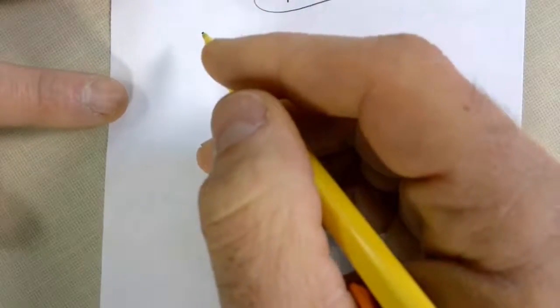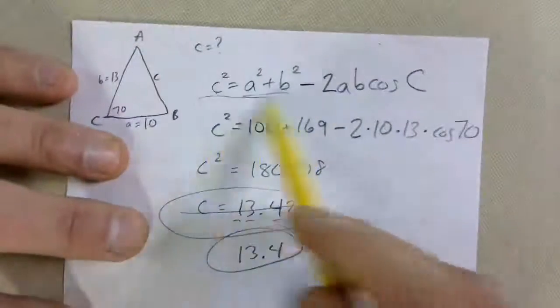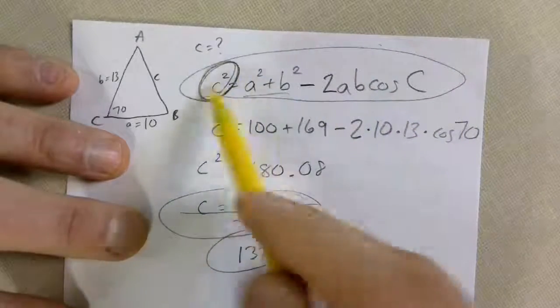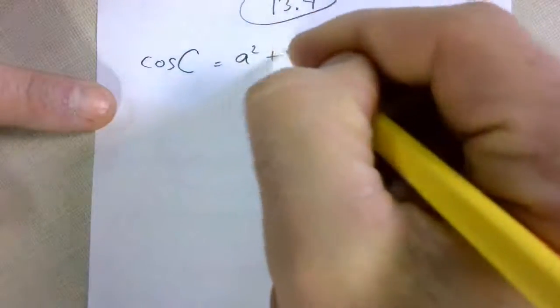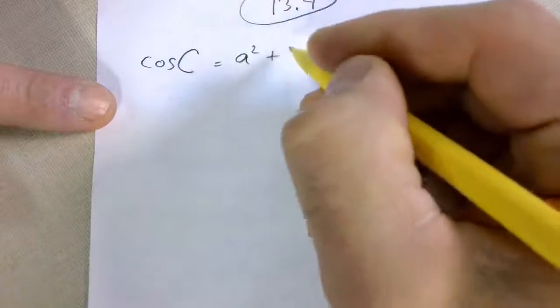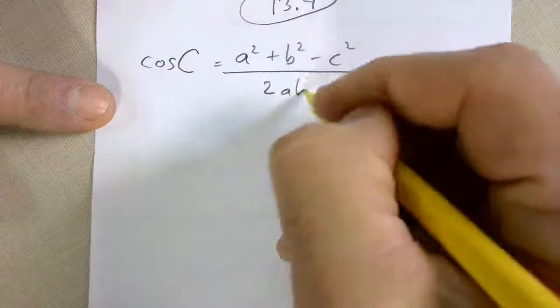This is the second example, and in order to do that, you've got to be able to change the law of cosines from side focus to angle focus. So here's what that looks like. You're going to end up with something like this. The cosine of C is A squared plus B squared minus C squared all over 2AB.